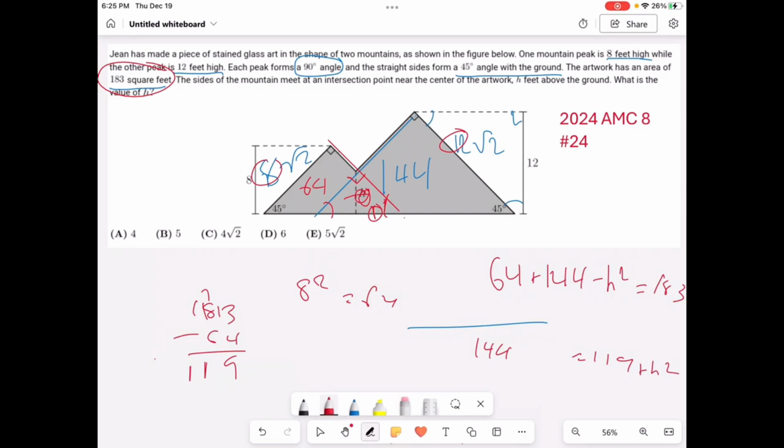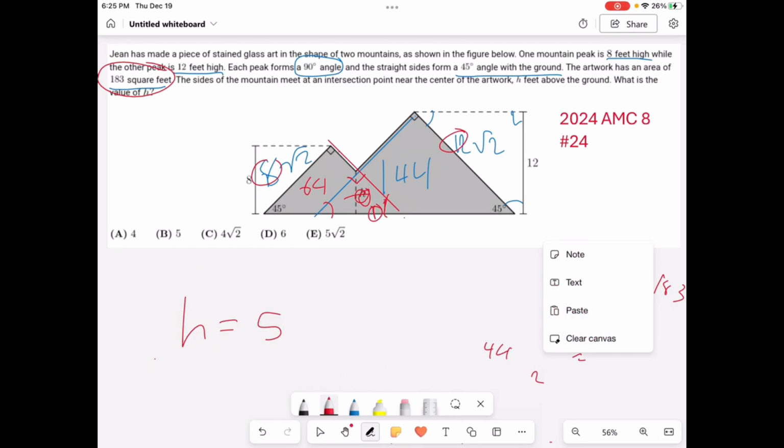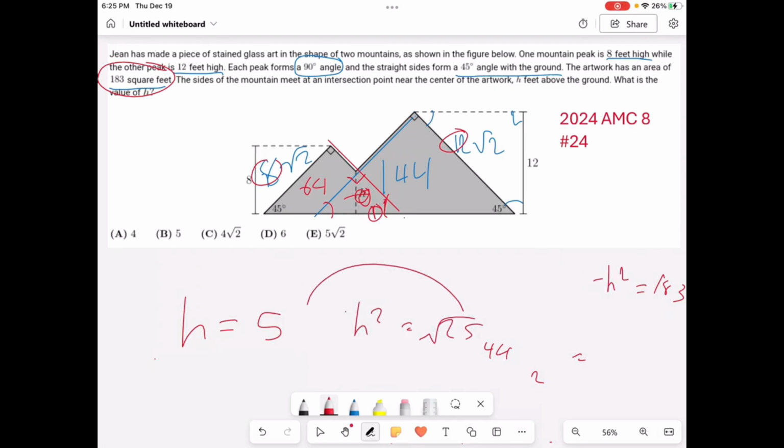So 144 minus 119, that, I believe, is going to be 25. So this means that h squared equals 25. Which means, let's erase all of this, that h is going to equal 5, right? Because if h squared is 25, we just need to find the square root of that, which is going to be 5. So our answer is going to be B.